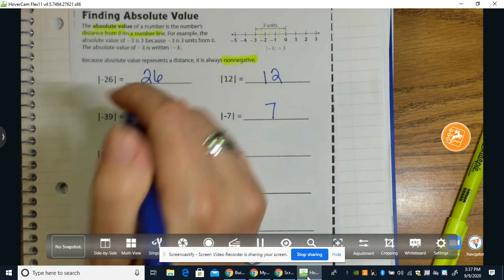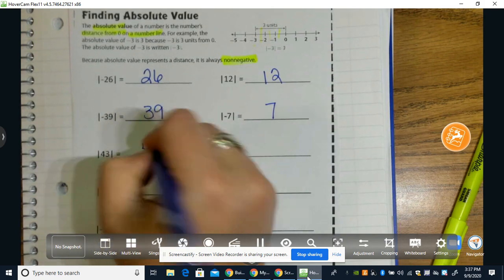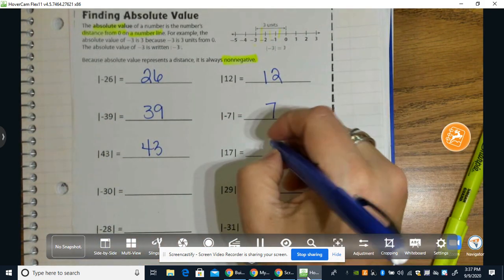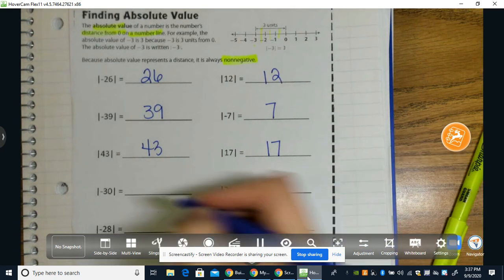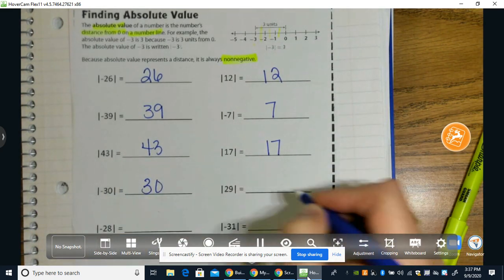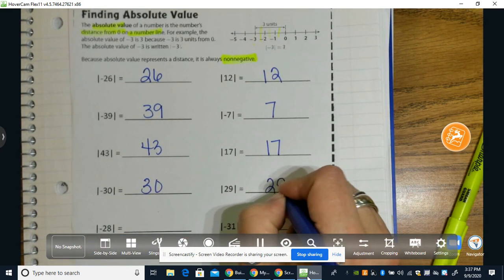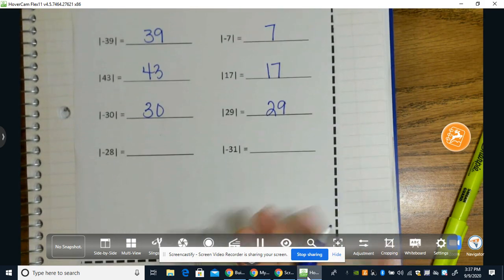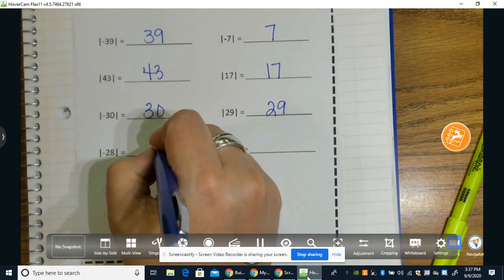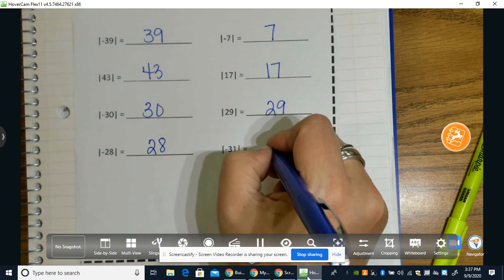Absolute value of 43 would be 43. Absolute value of 17 would be 17. And so forth. Absolute value of 29 is 29. Absolute value of 28 is 28. Absolute value of 31 is 31.